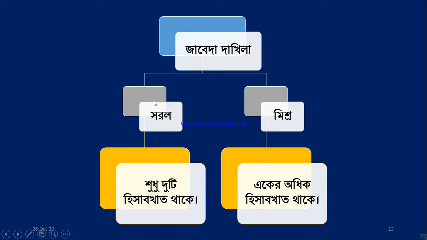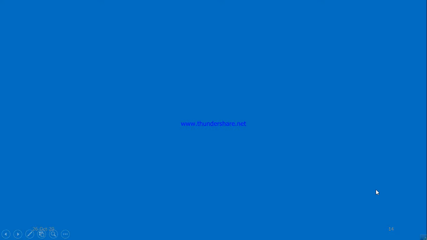In case of simple journal entries, only 2 sides of account will be highlighted, only 2 accounts will be included. And in case of multiple journal entries, more than two accounts will be included.